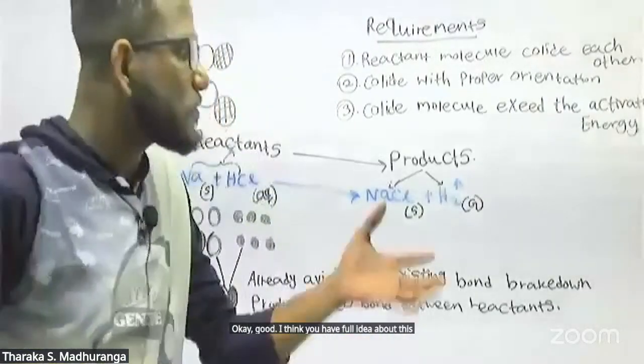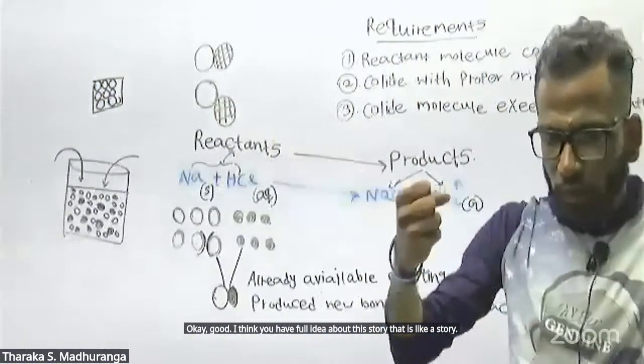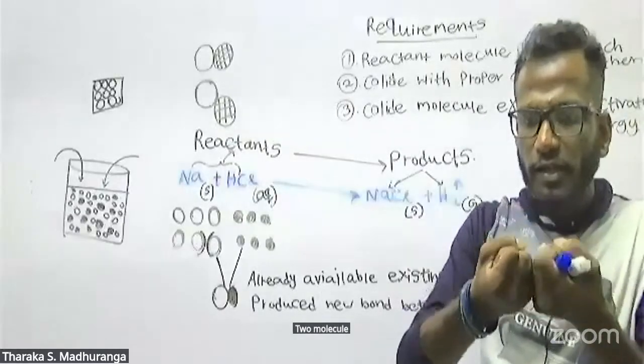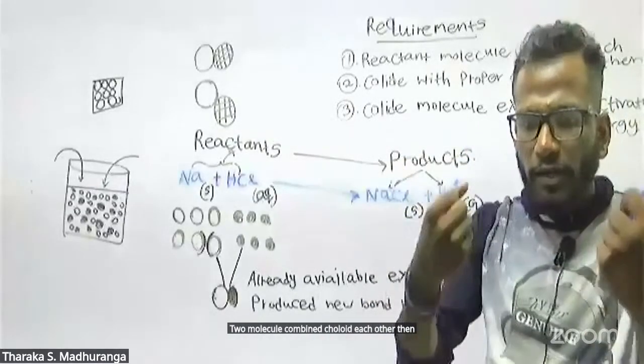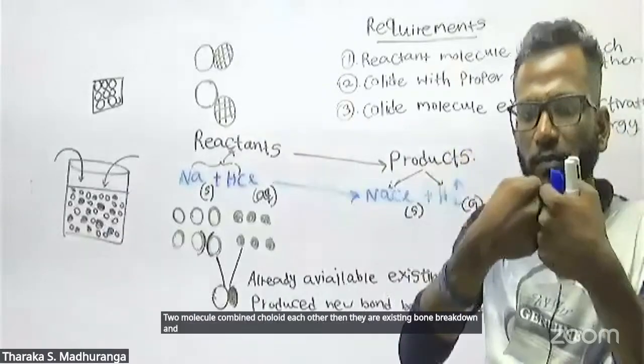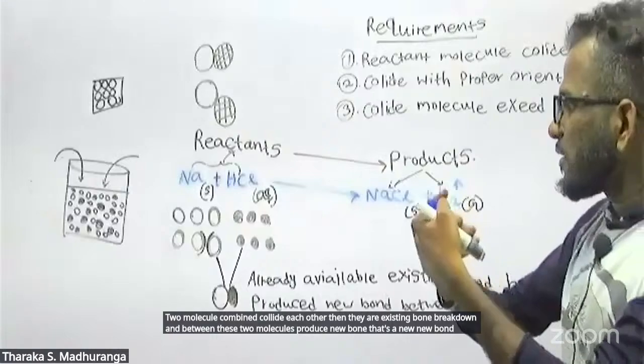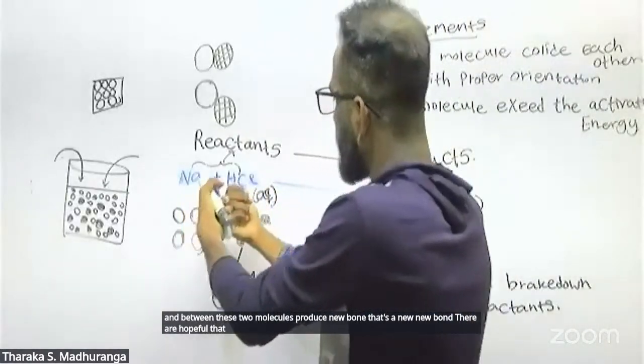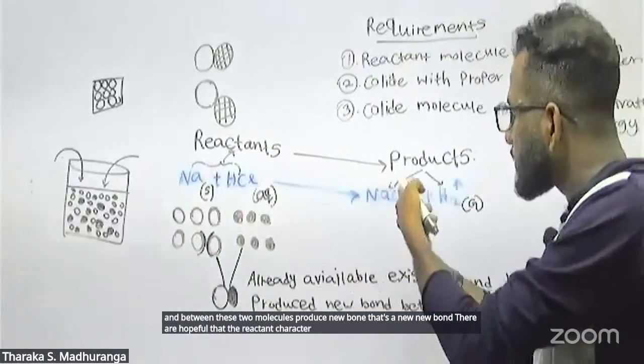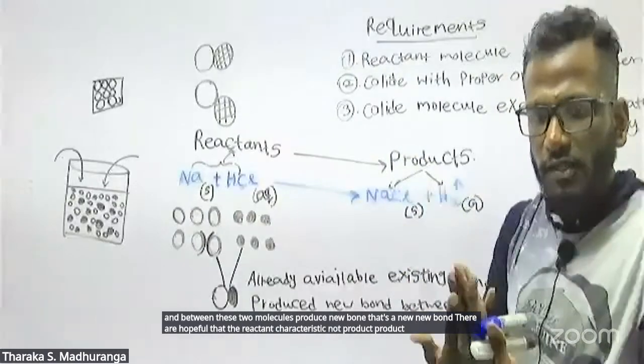Two molecules collide with each other, then their existing bonds break down and between these two molecules a new bond is produced. That is the reactant characteristic, not the product. The product has a new characteristic because of this new bond.